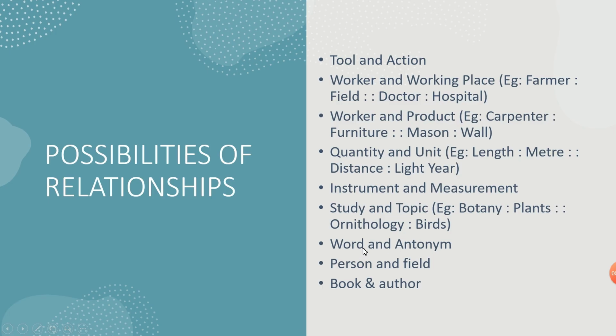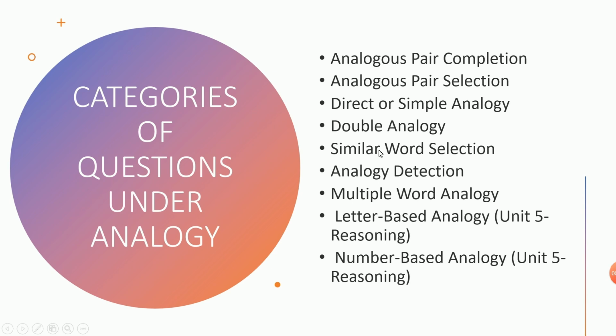It can be so in word and antonym also. So even ornithology, not everyone can suddenly identify that it is related to birds, but botany they can easily identify as plants. So that double process might be there. Next is similar word selection. These all come under word and antonym.